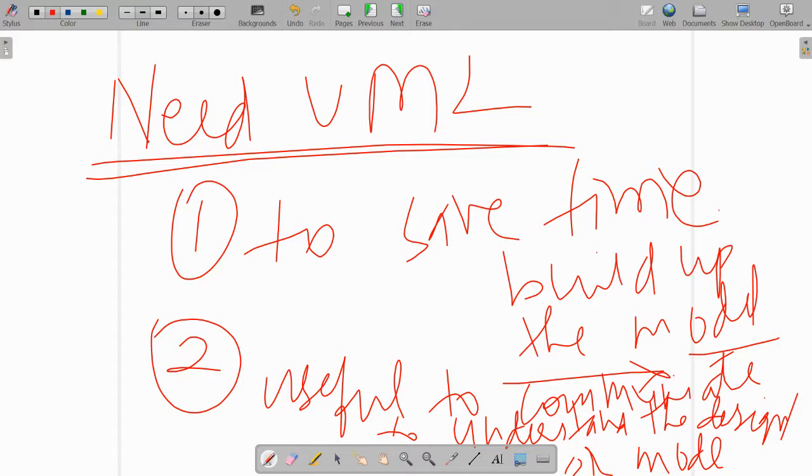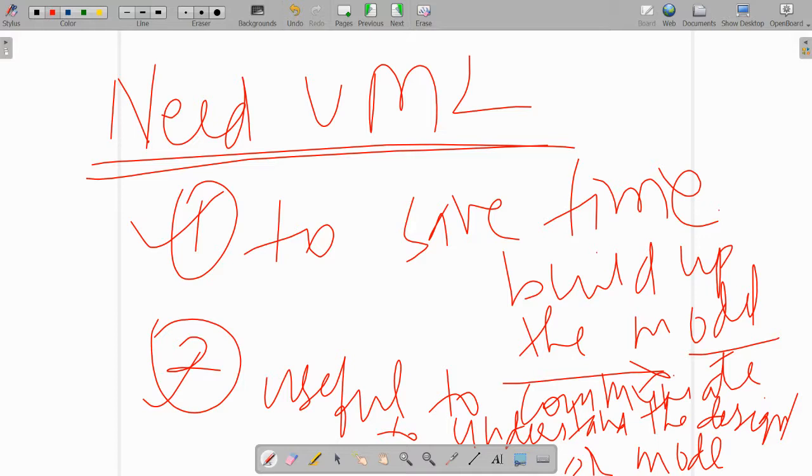It is easier to communicate through the visual language. So these were the two important needs where UML has emerged, to develop and construct the model, and to make it easier for a person to communicate with others by using the visual language. So the needs are two.